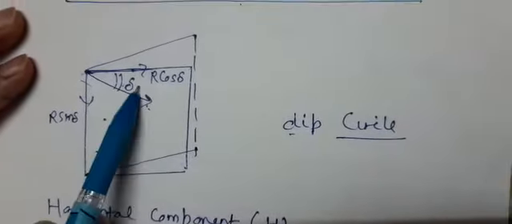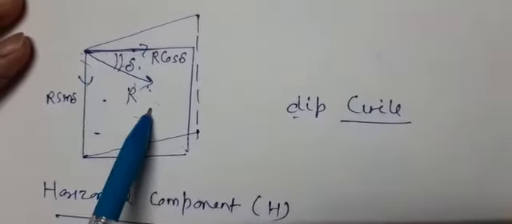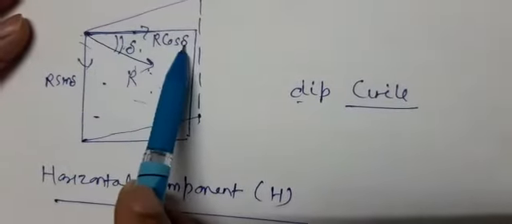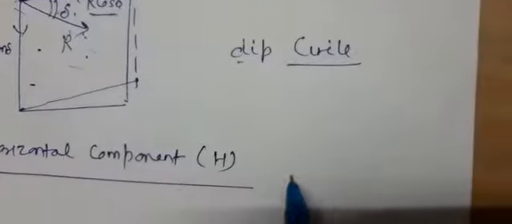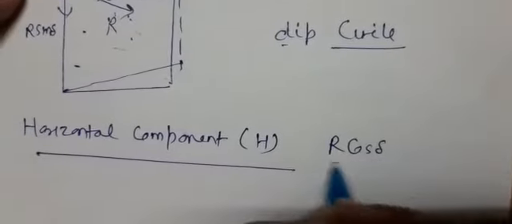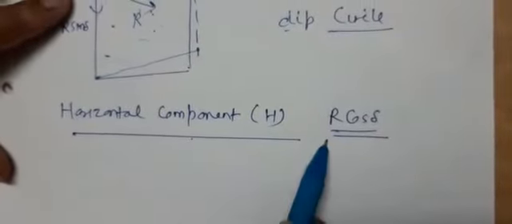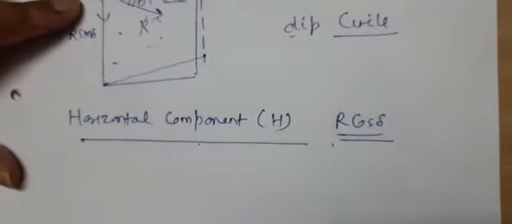So horizontal component is the component of total field strength of earth magnetic field in horizontal direction in magnetic meridian. In simple terms, you can say this R cos delta is the horizontal component of total strength of earth magnetic field in magnetic meridian.